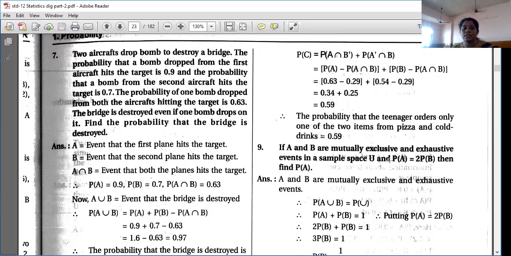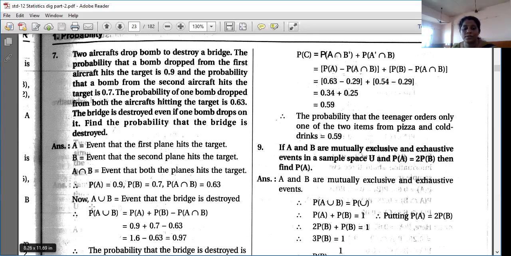Then B is the event that the second plane hit the target. Then comes P of A intersection B, event that both the planes hit the target. So here the values are directly given. P of A 0.9, P of B 0.7, and P of A intersection B is 0.63.